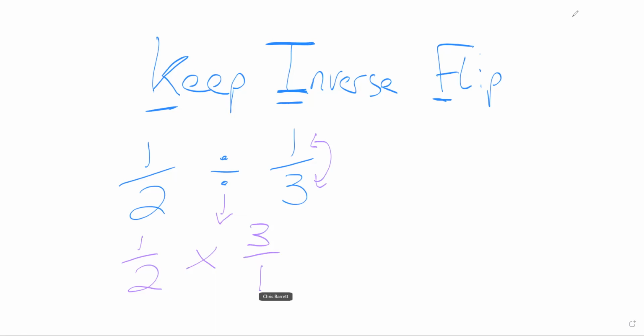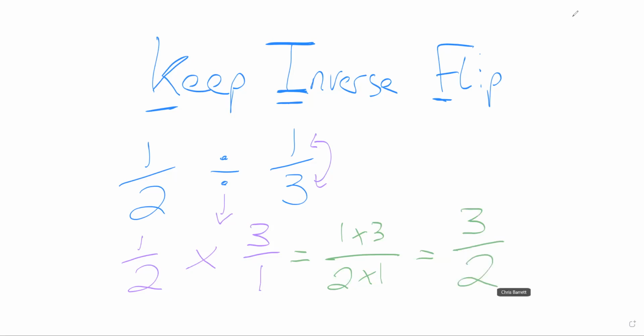Now that I've done Kif, I can just do it. So 1 multiplied by 3 over 2 multiplied by 1, which gives me 3/2. So this time we've got a top-heavy fraction. So I've got 1/2, 2/2, 3/2.